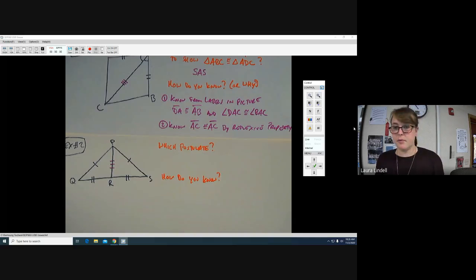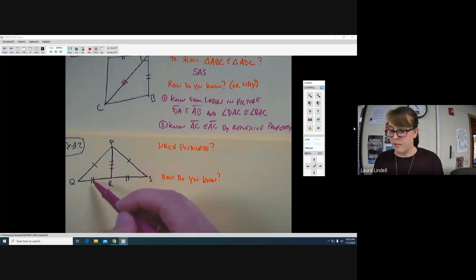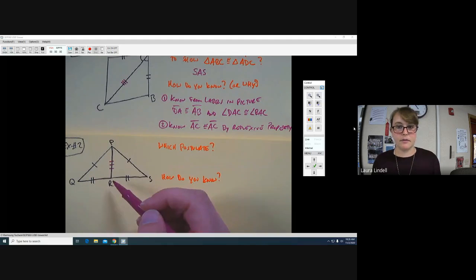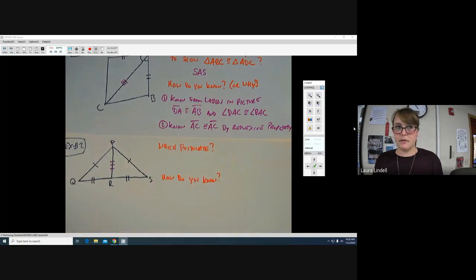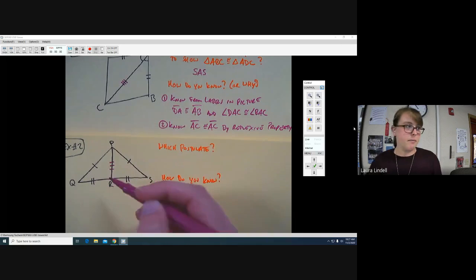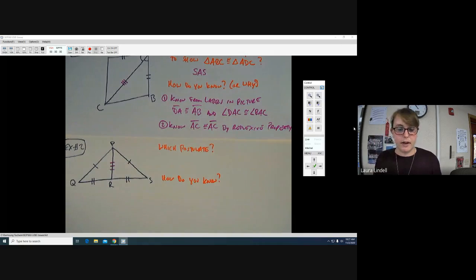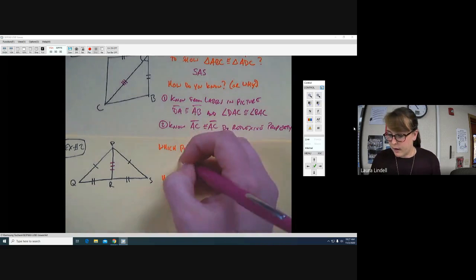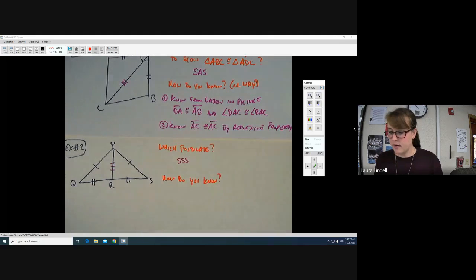So this one is going to be SSS because we have the three pairs of sides, and I don't have any information necessarily about the angles right now. With 5.4, we could then make the jump to those angles being the same, but we haven't got to 5.4 yet. So we are going to go with SSS for this one.